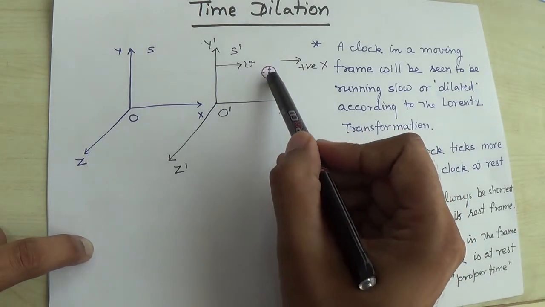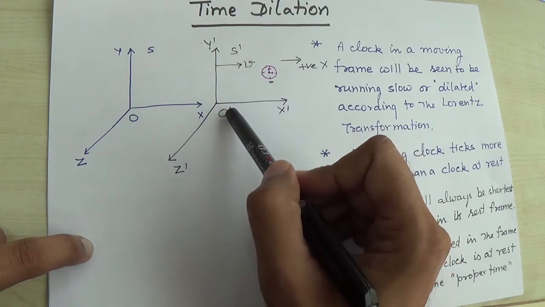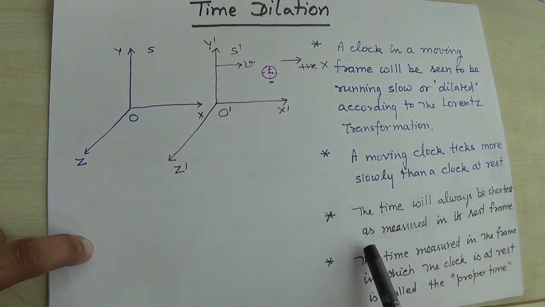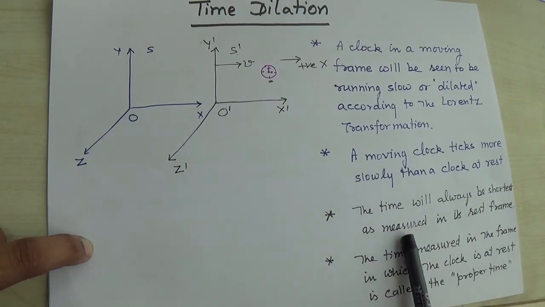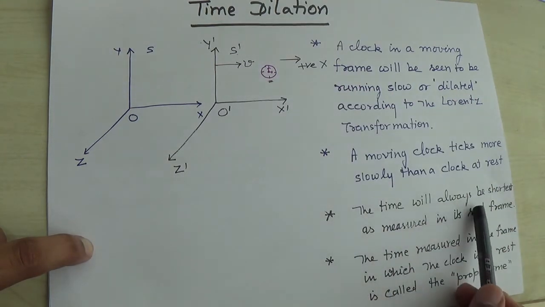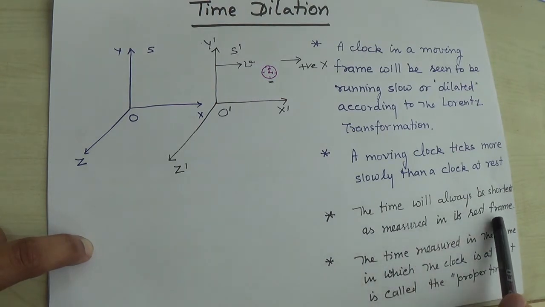This is known as the proper time in the S prime frame for the observer O prime. So the time will always be shortest as measured in its rest frame. This is the third point in time dilation: time will always be shortest in its rest frame.